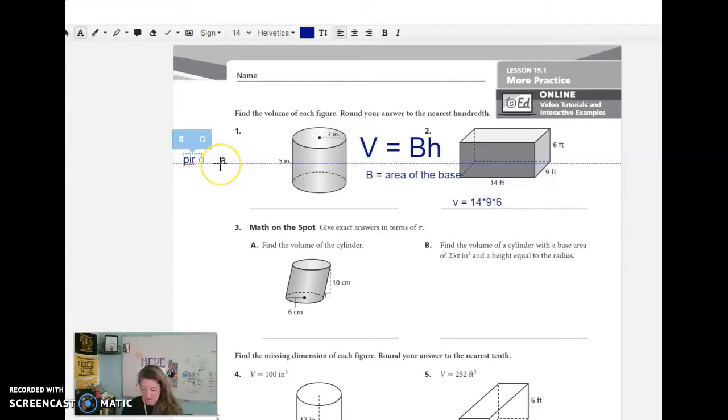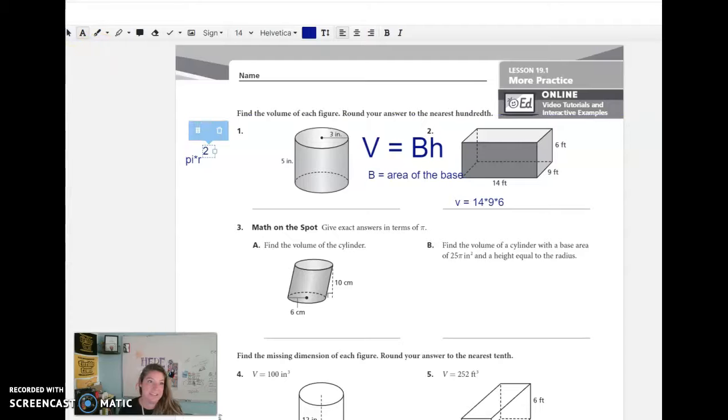So it's pi times the radius and then squared. So DocHub, which is what I'm using, actually doesn't do exponents. It won't let me do a superscript, so I'm sorry about that. But yeah, so you're going to do pi r squared, okay, because that's the area of this base.